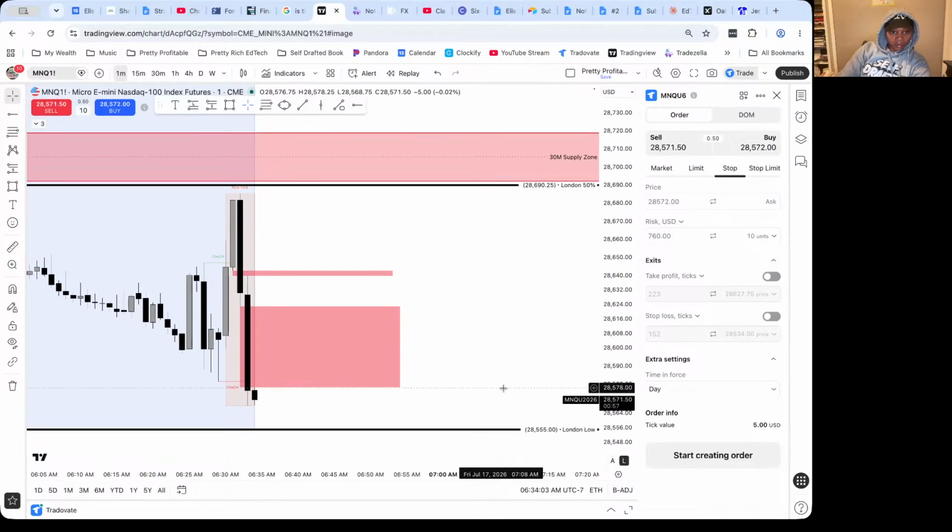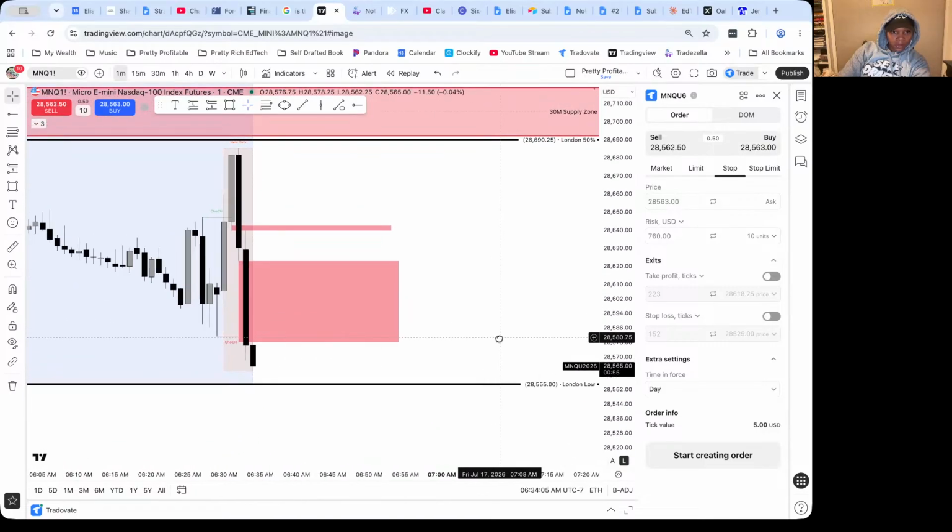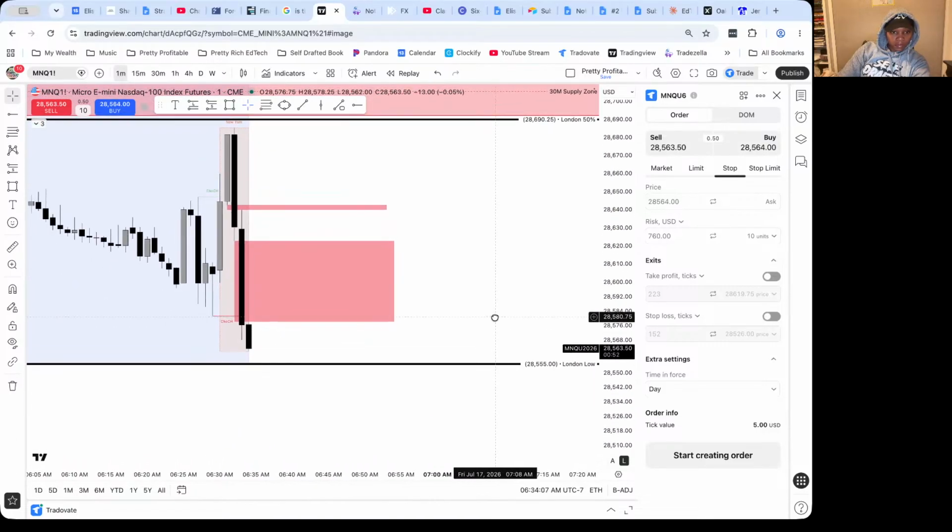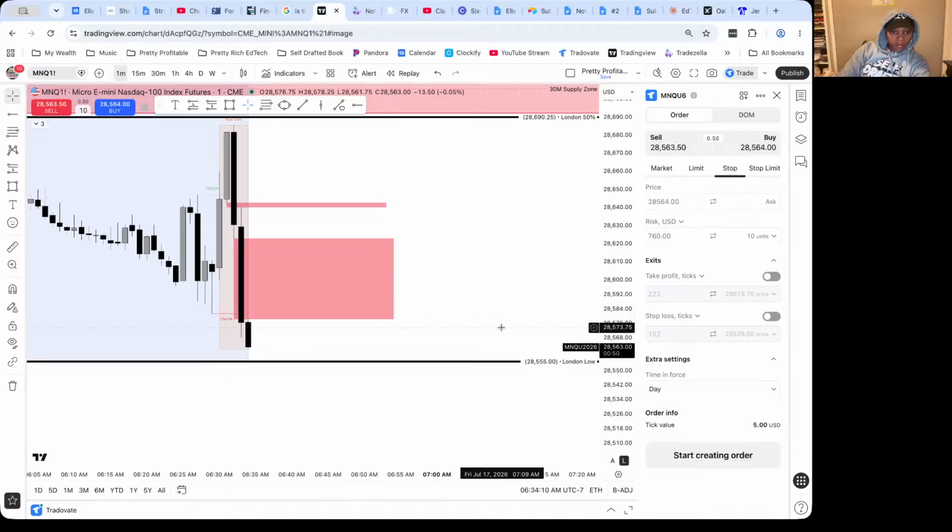Big gap. Let's see if we get lower than the London low.